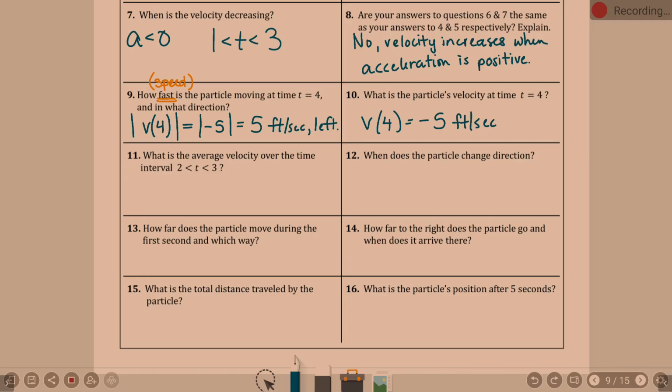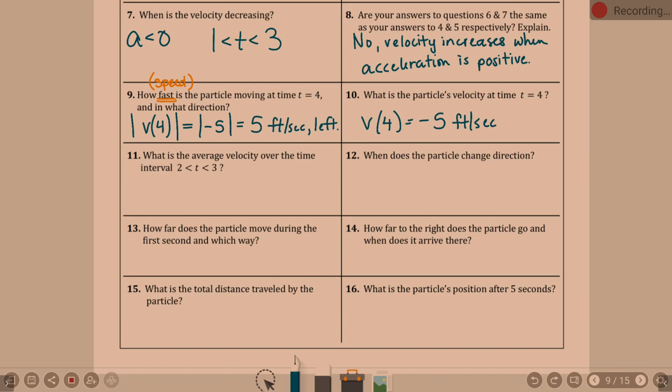Okay. What is the average velocity over the time interval 2 to 3? Well, isn't that just acceleration? Average velocity over time. Well, it'd be like v1 minus v2 over t, except, minus v1.